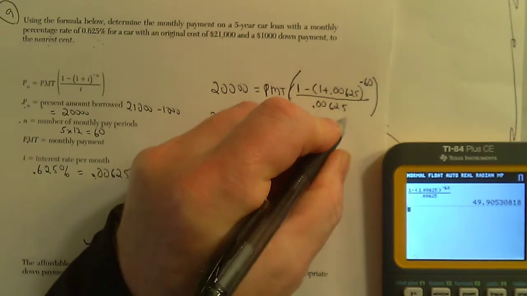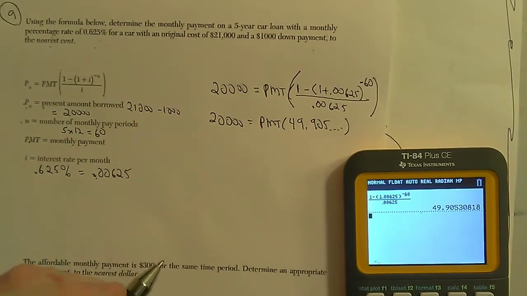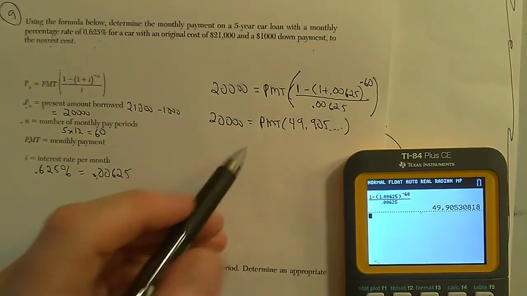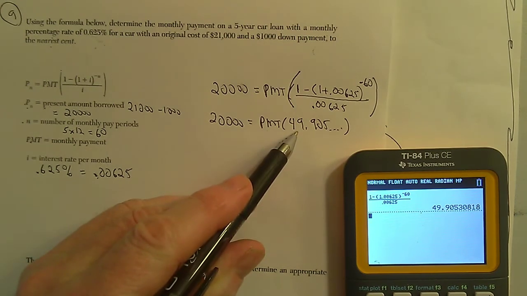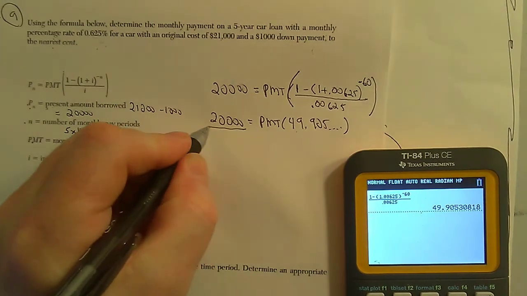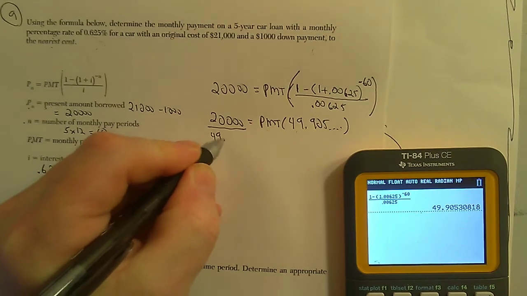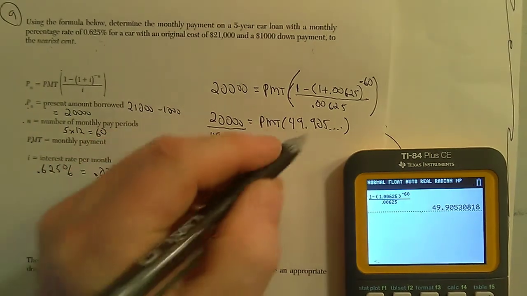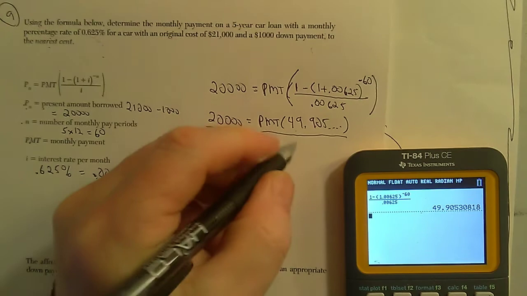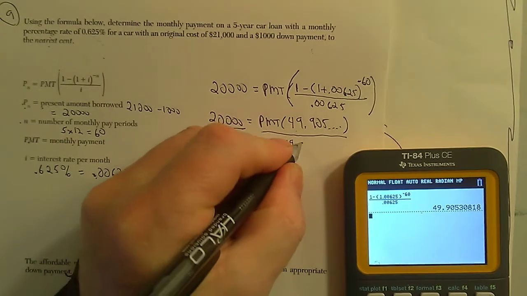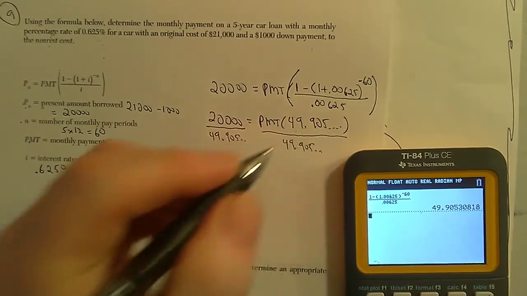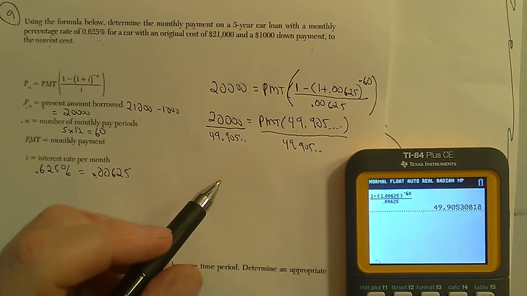49.905... I'm going to use the whole thing. So I'm going to divide both sides of this equation by the 49.905... So I got that number.